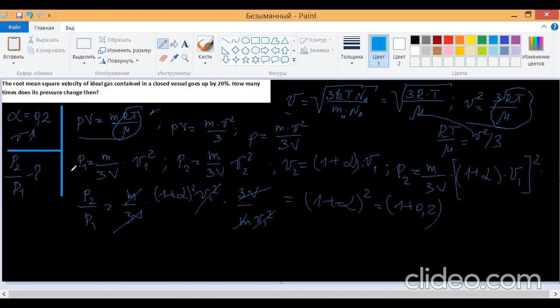Now I plug in the numerical value of alpha. It's 0.2, so 1.2 squared. It means 1.44. This is the answer. So we say that the pressure of the ideal gas goes up 1.44 times. And this is the answer to this question.